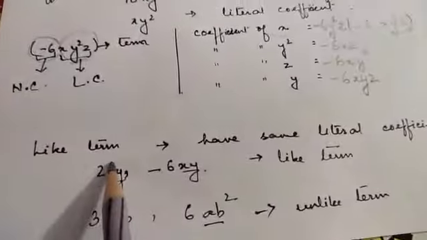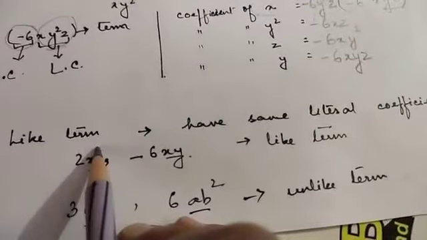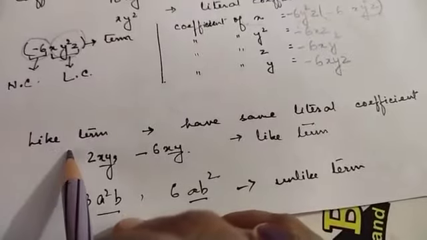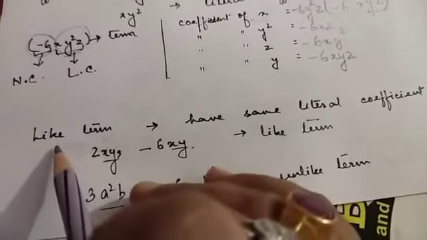Then coming to the next term, like terms. What is a like term? You have learned like fractions, and you have studied like decimals also. Now here we are going to learn about like terms.